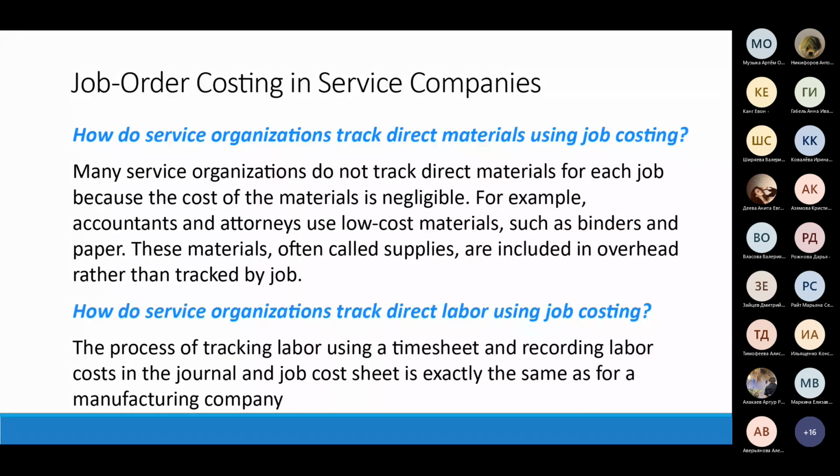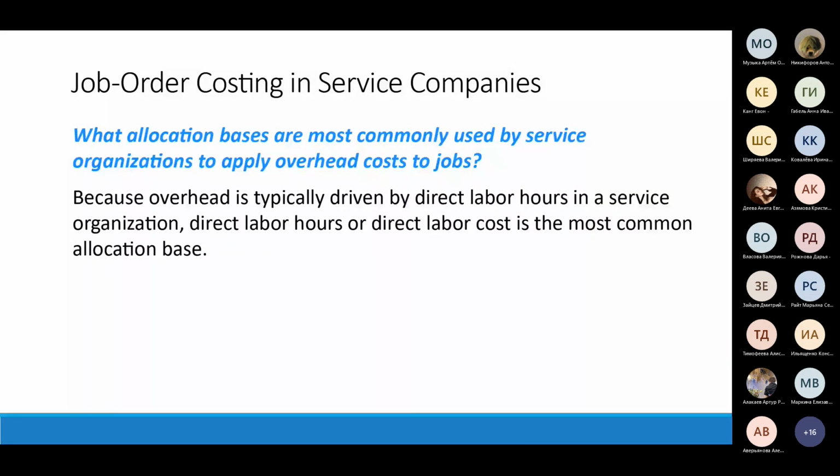The second question here is, how do service organizations track direct labor using job costing? The process of tracking labor using a timesheet and recording labor costs in the journal and job cost sheet is the same as we do for manufacturing companies. What allocation bases are most commonly used by service organizations?